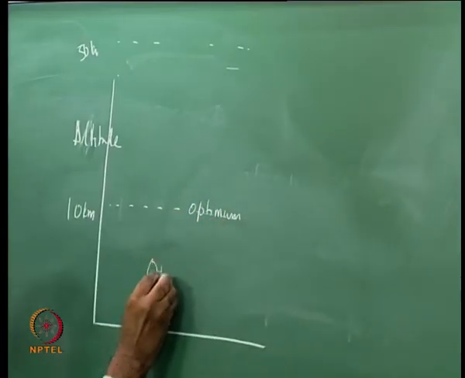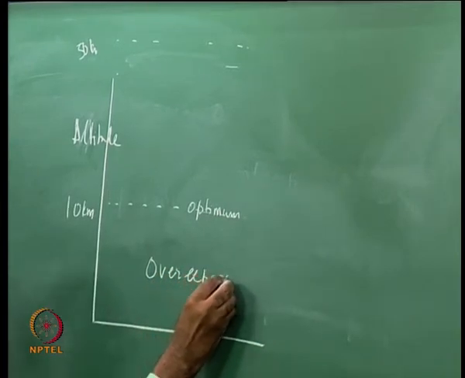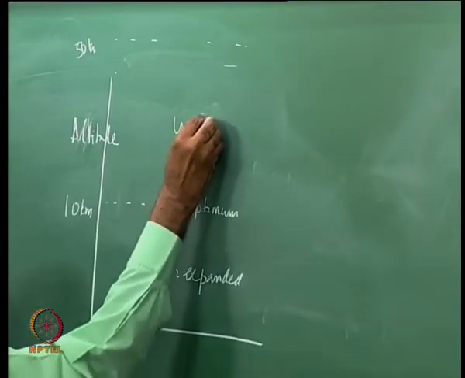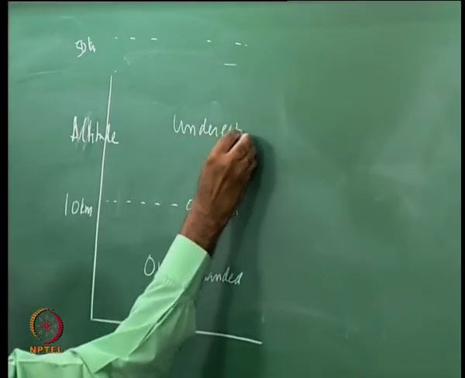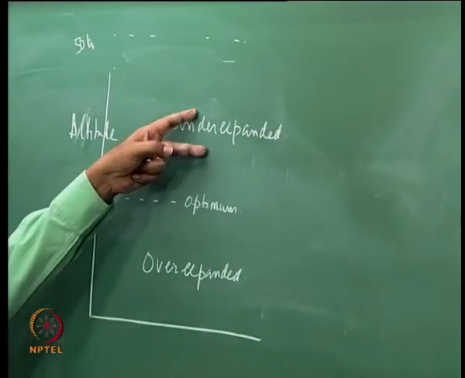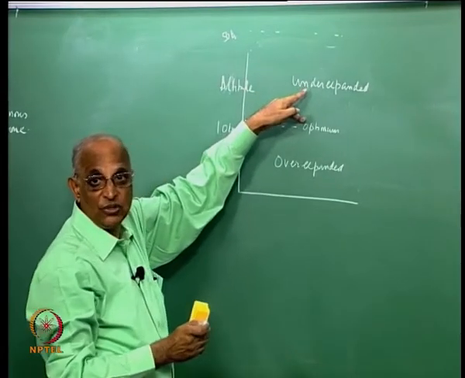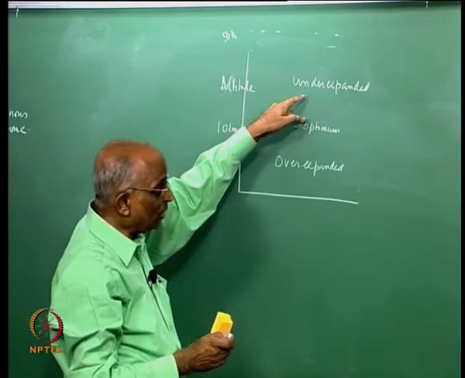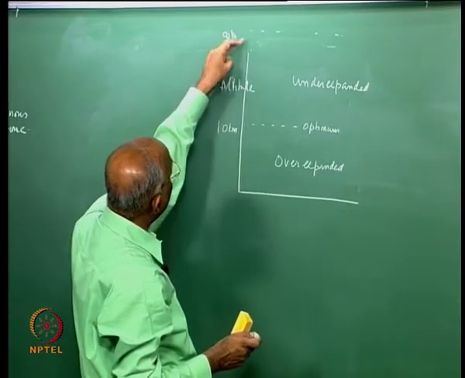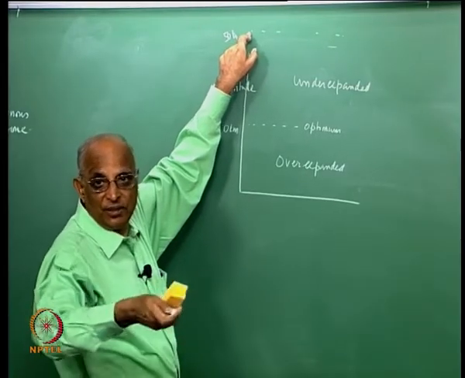Therefore, initially the nozzle performs in an overexpanded mode, and thereafter it performs in an underexpanded mode. By having the rocket perform in an underexpanded mode, I am not getting the high value of jet velocity which I could have got. Instead of choosing a value of epsilon which gives me 10 kilometers, had I chosen a value of epsilon corresponding to 50 kilometers, I would have got a much higher Vj.